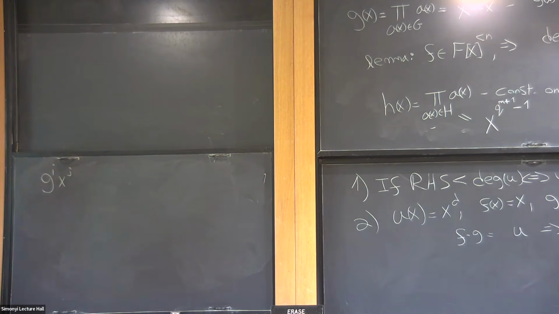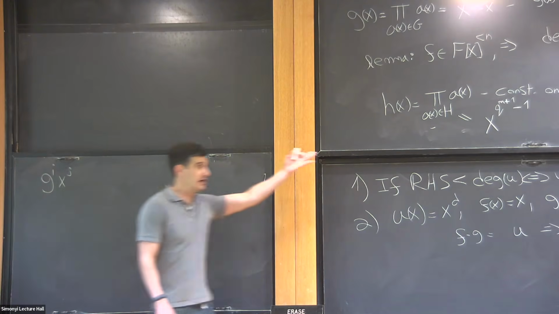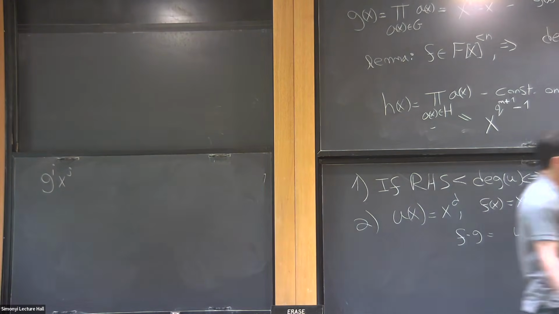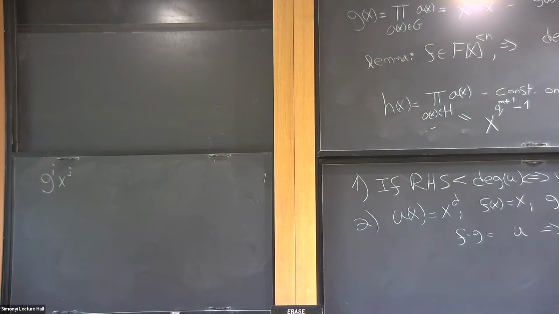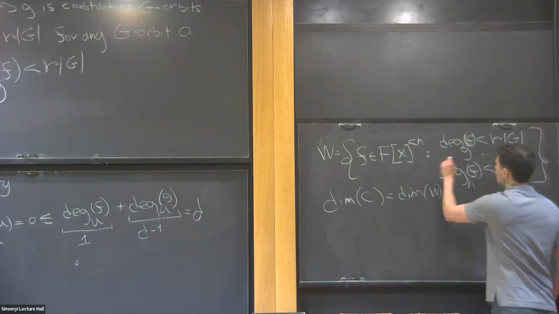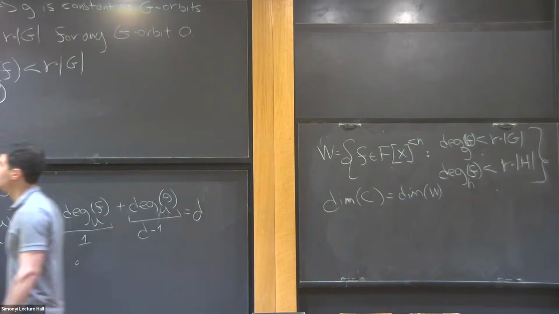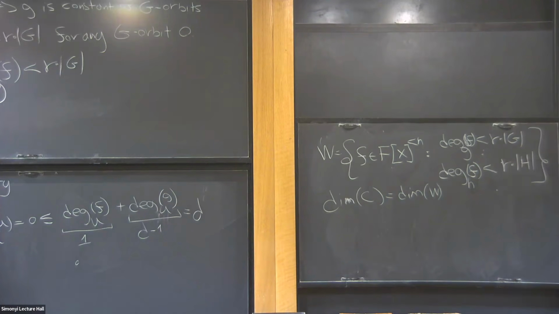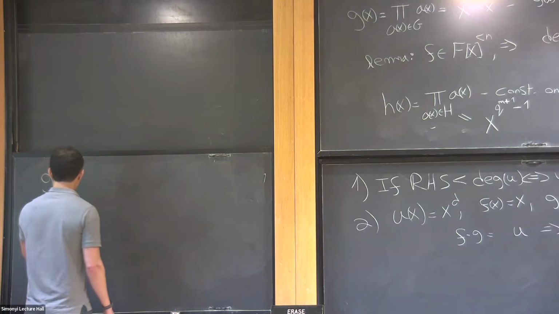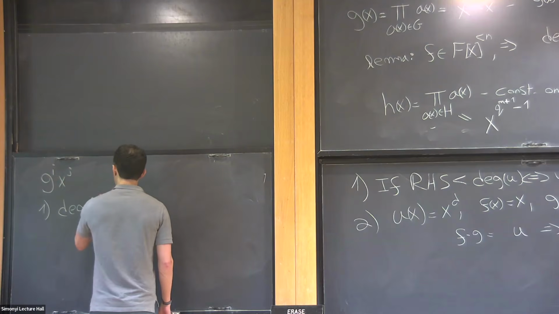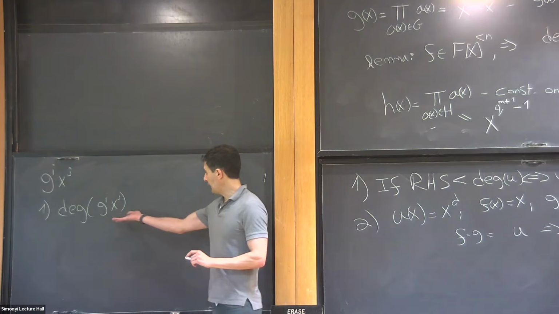Okay, so if I want this polynomial to lie in the subspace W, it has to satisfy these three constraints. It has to satisfy this, this, and this. So let's write it down. First thing is that we want the degree of g^i x^j to be small, but I can calculate it.